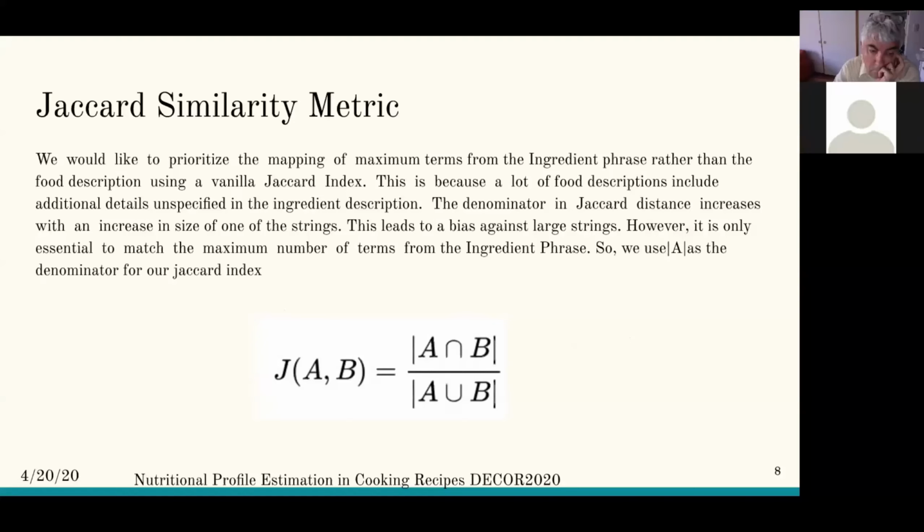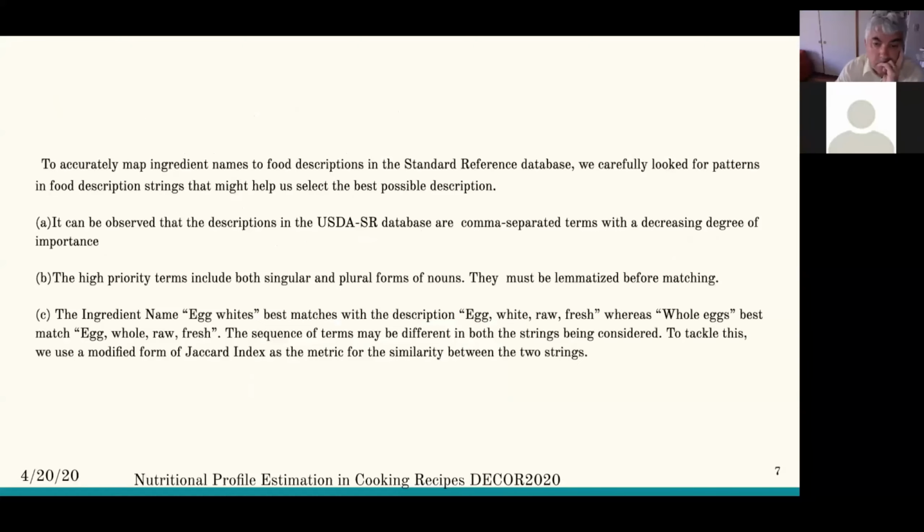For example, if you have some recipes that a person has written, you will more likely write egg white instead of egg white raw fresh. So it's more important to match the ingredient description that is coming from a food recipe rather than the one that we have in the nutrition composition tables.